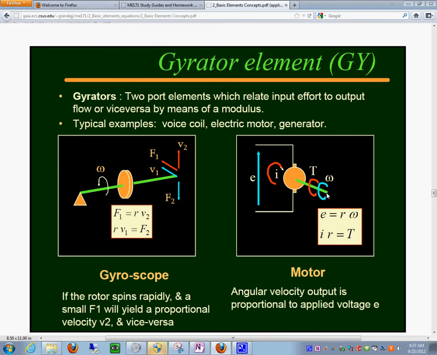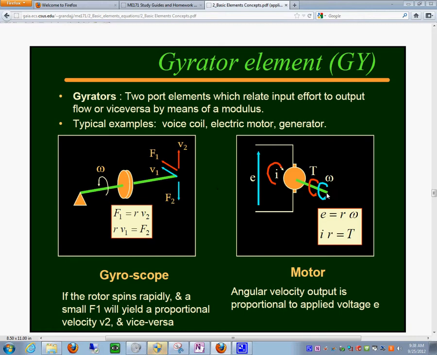You can have a gyrator like a gyroscope, which is a mechanical system, and that has a relationship between a velocity and a torque.